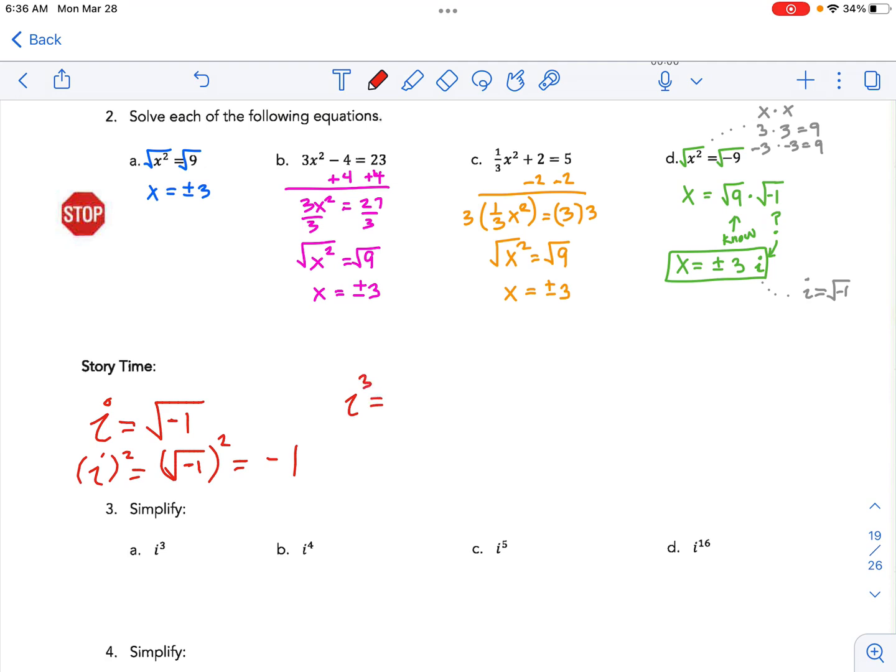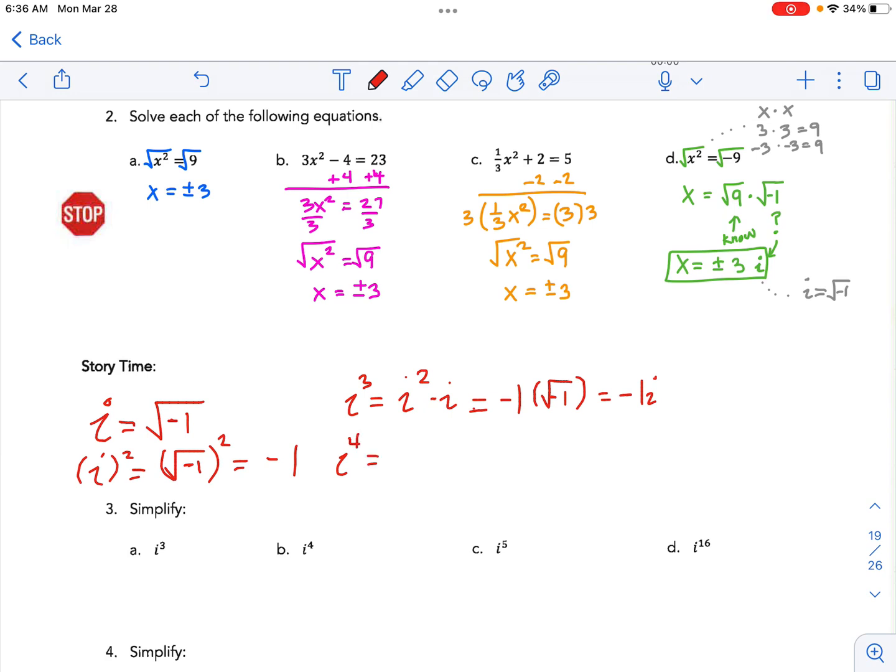Well, what happens when I cube it? Well, that means I'm taking i squared, which is -1, and I'm multiplying it times i, which is -1 times the square root of -1, which is -1i, or -i.